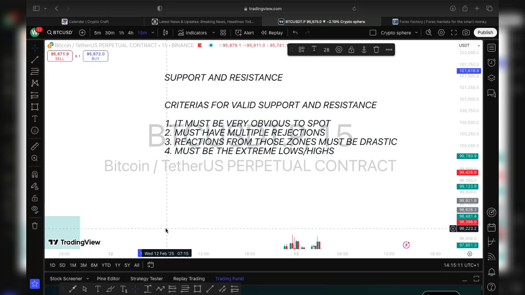Meaning that if you're picking your support and resistance level, you're going to pick the extreme lows or the extreme highs. Extreme lows for support, while extreme highs for resistance. So that makes sense, please.